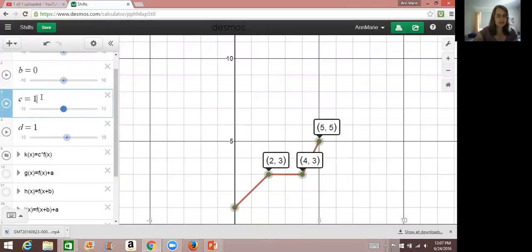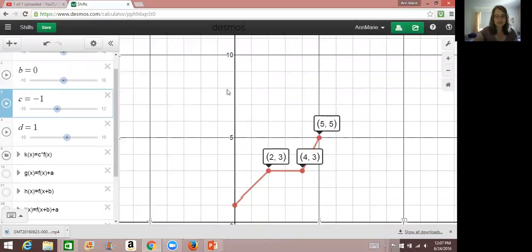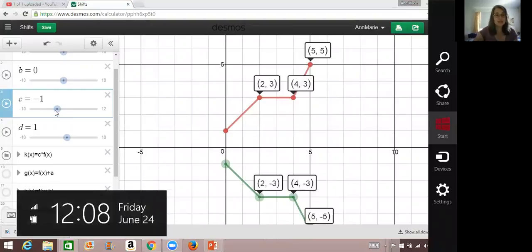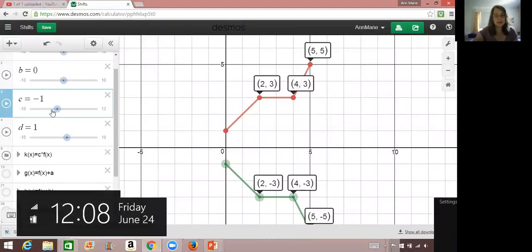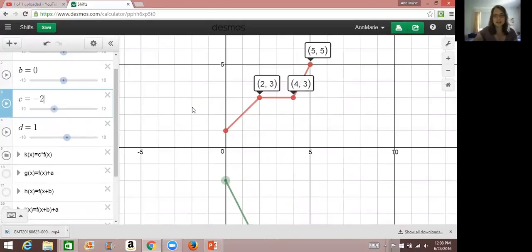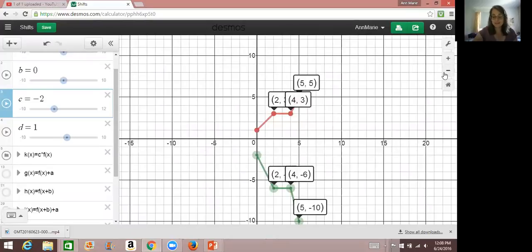What if, so we already know that if C is -1, we get that reflection, yes? What if it's -2? Well, we're going to get that reflection. Then we're going to get that same stretching, just in the negative.